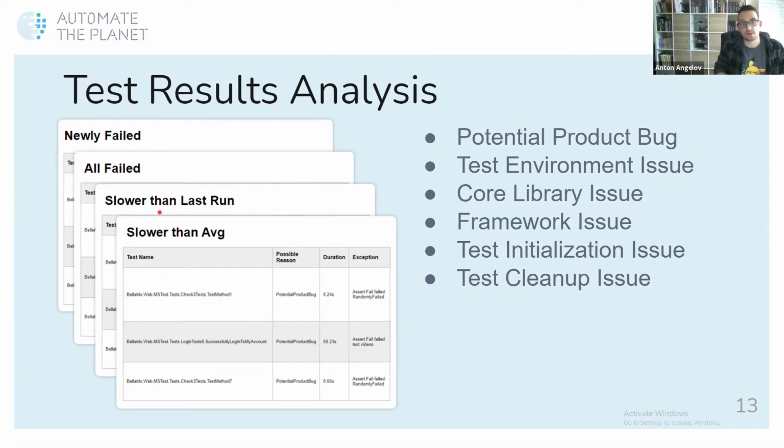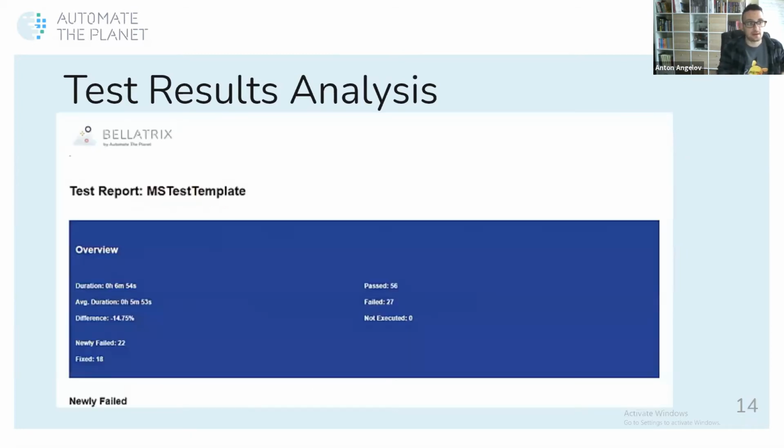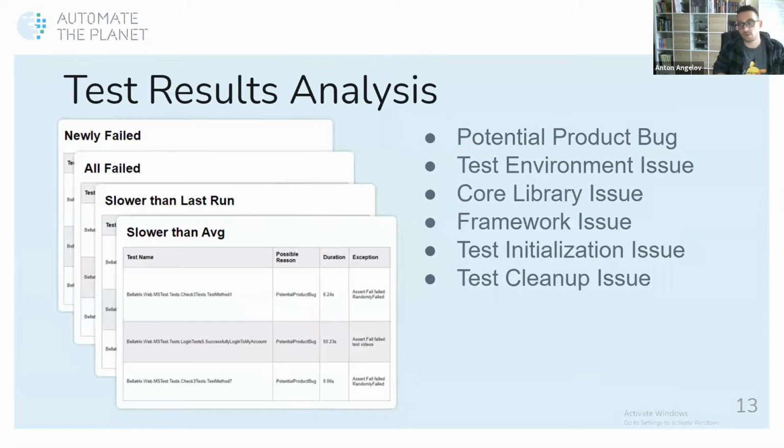But the coolest feature is that it can do machine learning on the test failures, and it can decide and prioritize the test based on these criteria here, whether it's a real bug, a potential real bug, a problem in the test environment, or a problem in the WebDriver, for example.